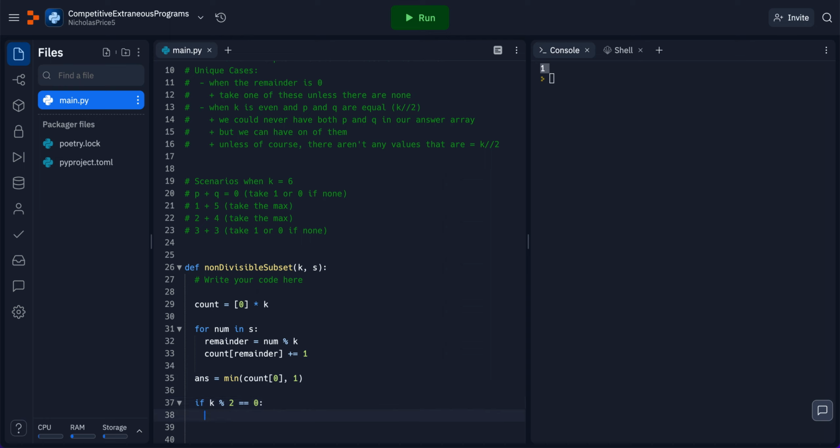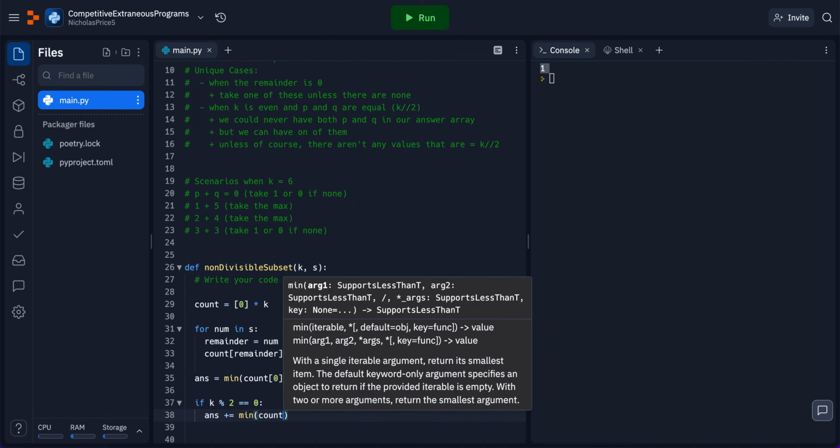Okay, and what would we do in this scenario? Well, similarly to this zero remainder scenario, we want to take the minimum, again, from the count to 1. Really follows the same rules. So we can do answer plus equals min of count, and where would the count be?